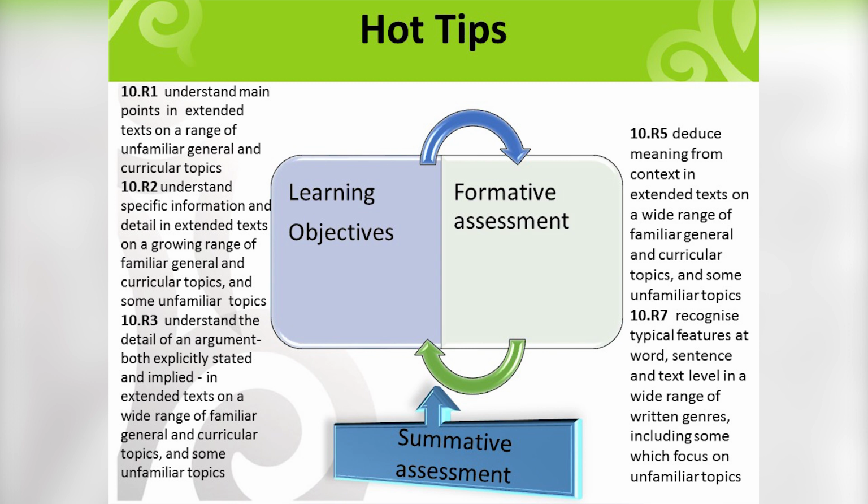And reading 5. Deduce meaning from context in extended texts on a wide range of familiar general and curricular topics and some unfamiliar topics. And reading 7. Recognize typical features at word, sentence, and text level in a wide range of reading genres, including some which focus on unfamiliar topics.